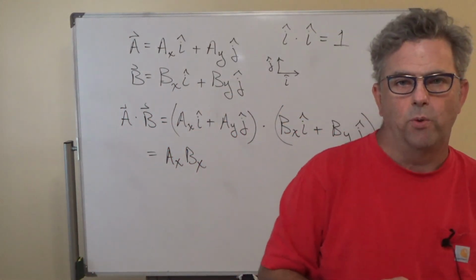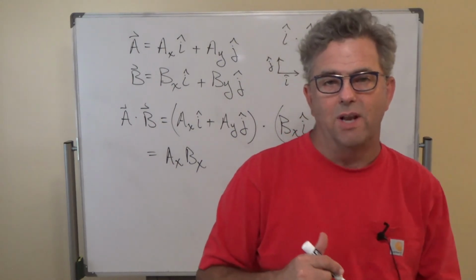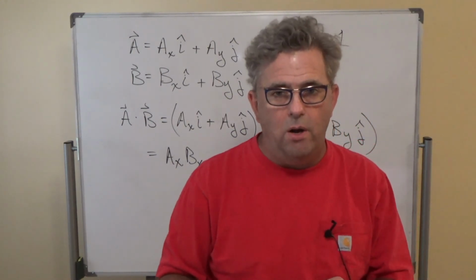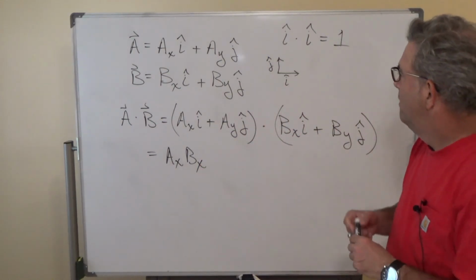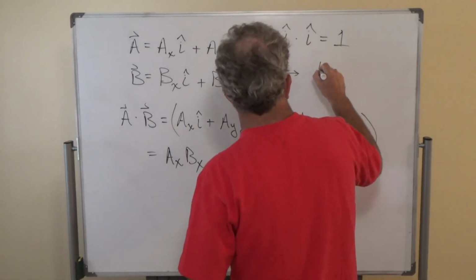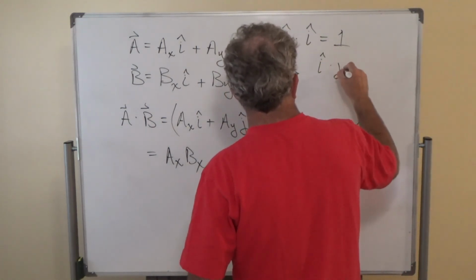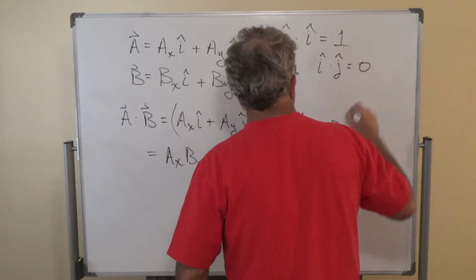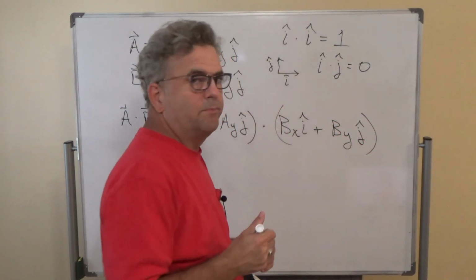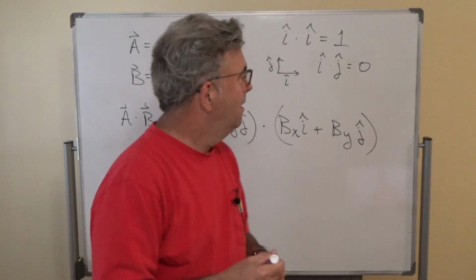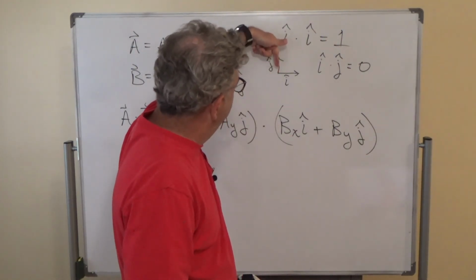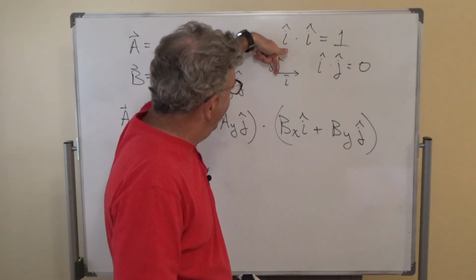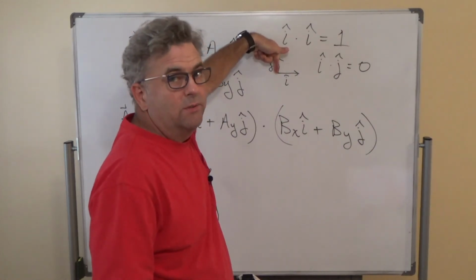The angle between i hat and j hat is 90, cosine 90 is 0, okay? i hat dot j hat is equal to 0, okay? If you project j hat onto i hat, there is no projection.